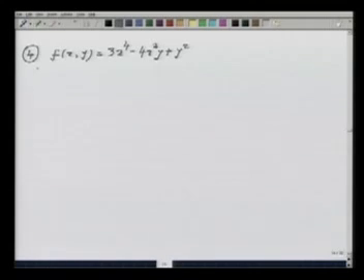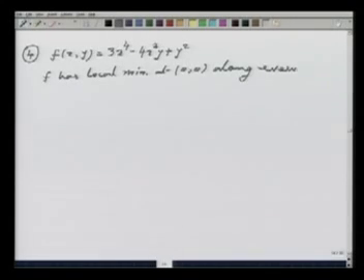The first thing I want to show is that f has a local minimum at (0, 0) along every line through (0, 0).